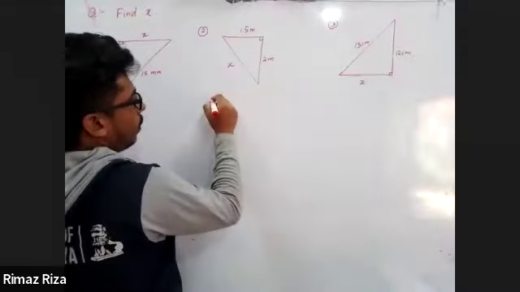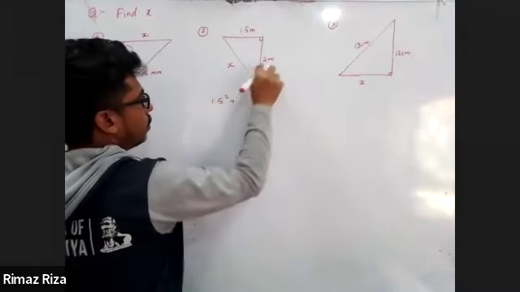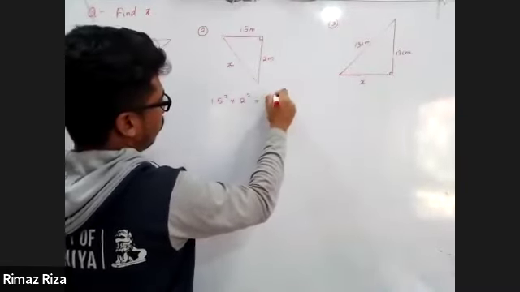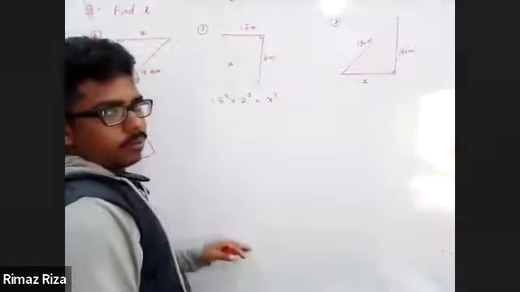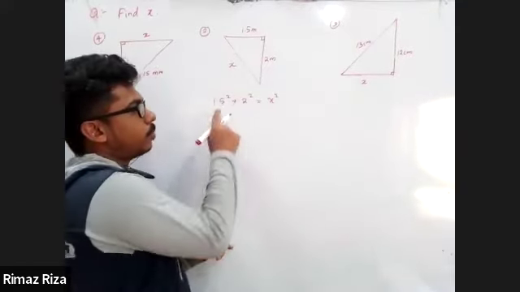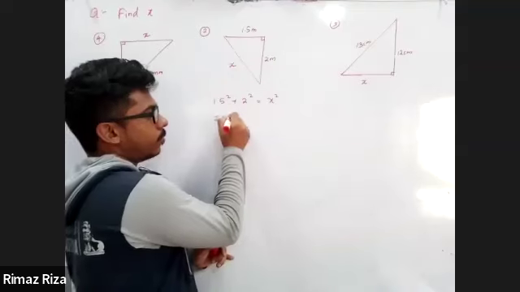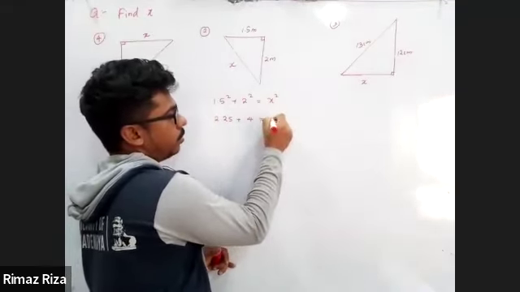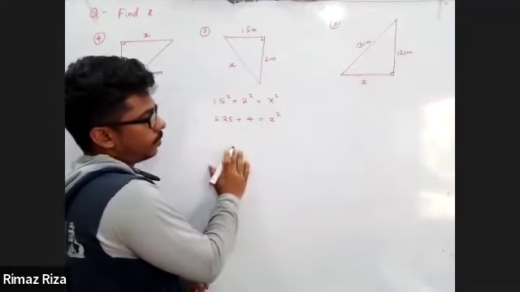So we have 1.5 squared plus 2 squared is equal to x squared. We know 15 squared is 225. Therefore, 1.5 squared is 2.25, plus 2 squared is 4, is equal to x squared.